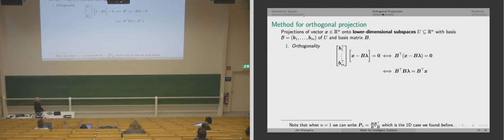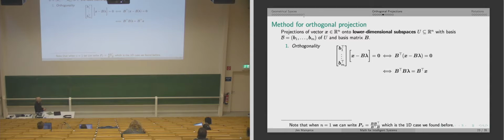So if we remove B, and then we somehow get B on the other side, we cannot do this because it's not invertible, because it's not even squared. So the solution is what they said, the pseudo-inverse. The idea is that B transpose B is always invertible. I mean, almost always.